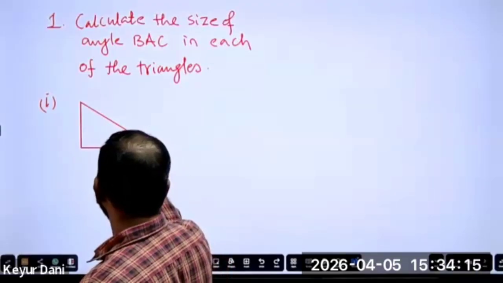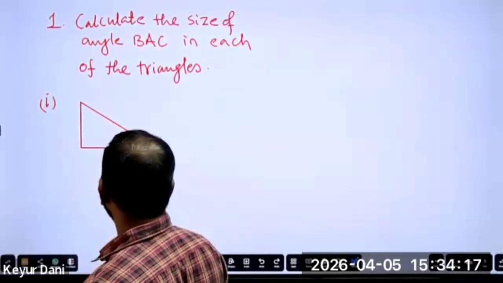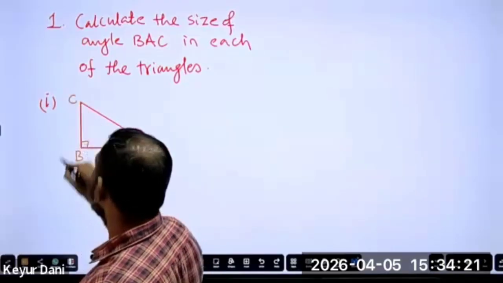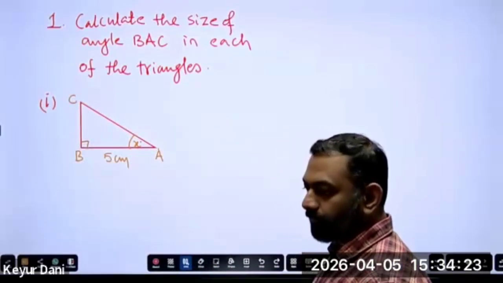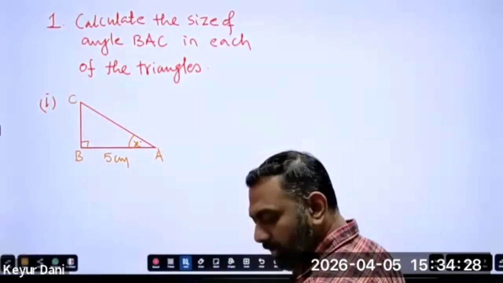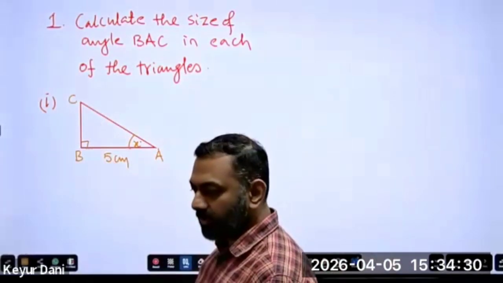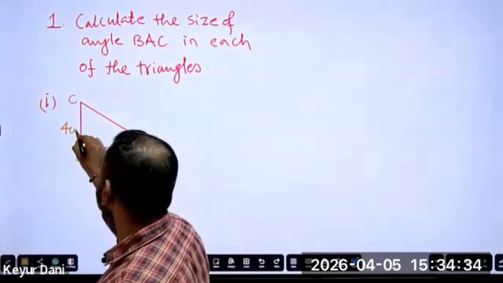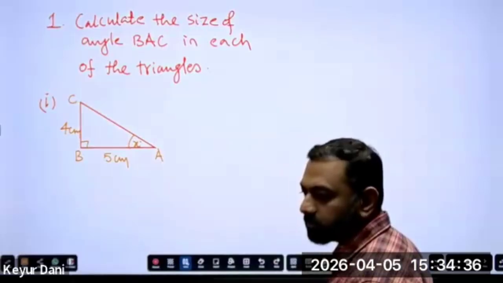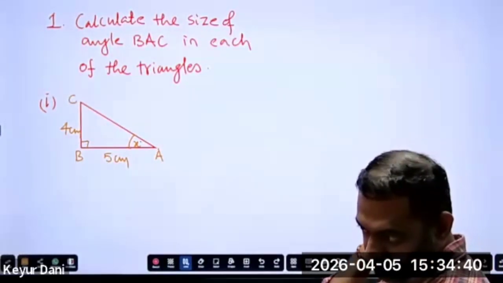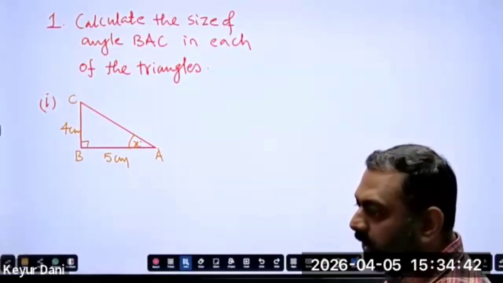This is A. This angle is X degrees. This is B, which is a right angle. And this angle is C. Now you have to find the size of angle BAC. Oh yes, this is 4 centimeters. This is also given as 4 centimeters. All right. How do you find this?